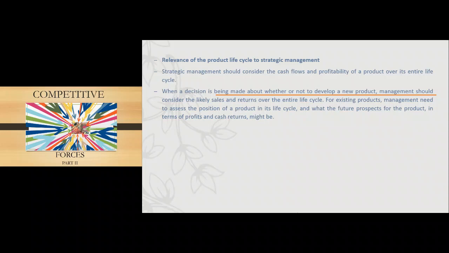Because if we do not decide under strategic management, it may lead us to begin to produce a loss leader. And if we do not want to produce a loss leader, it's better we discontinue. So lifecycle costing helps us to reach the conclusion on time.